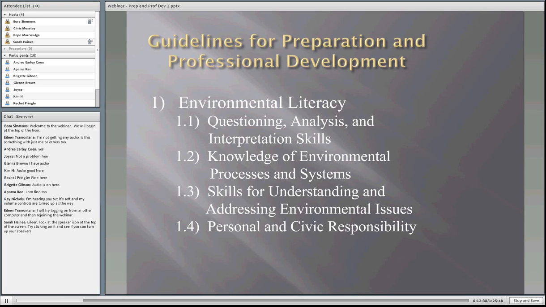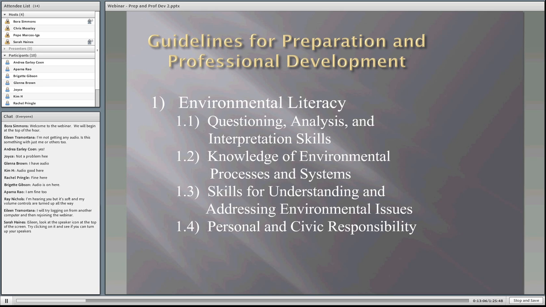Those are all components that are reflected in the Excellence in Environmental Education Guidelines for Learning K through 12. So our notion was that sort of a general hope that if we're going to be helping others become environmentally literate, and that's what's expressed in the K-12 learner guidelines, that we could use that as a benchmark for our own environmental literacy.